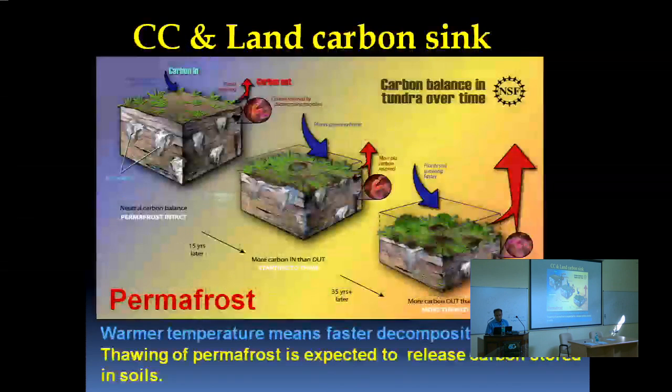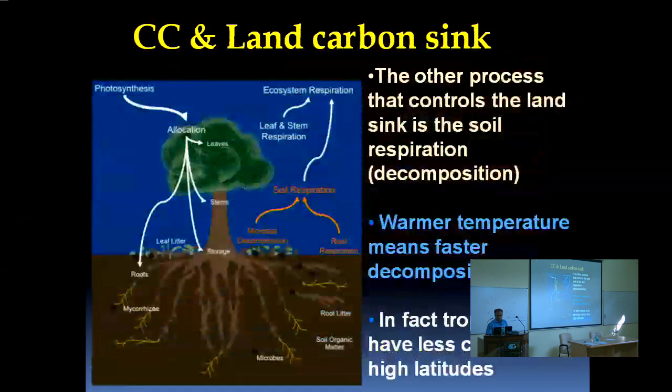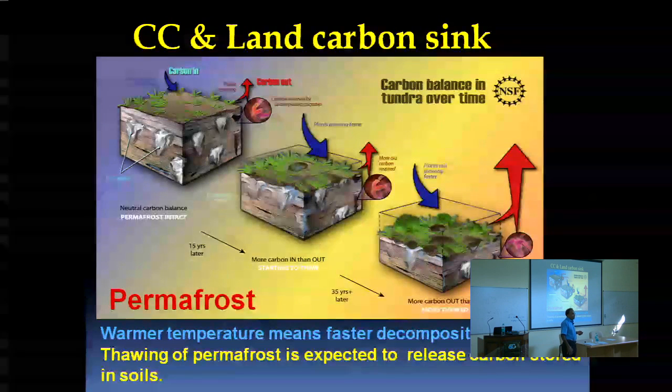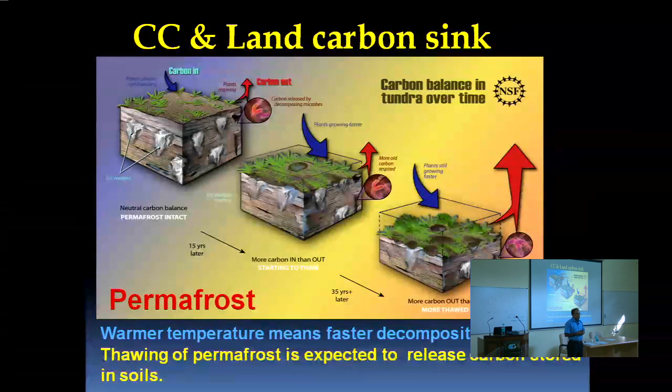Let's go back here. Yeah, okay. So, the high latitudes, in addition to the soil carbon that I gave as an estimate of 1500 gigaton, in addition to that, there is a lot of organic carbon buried in the soil in the high latitudes like Siberia or Alaska, where the soil temperature never goes above 0 degree.